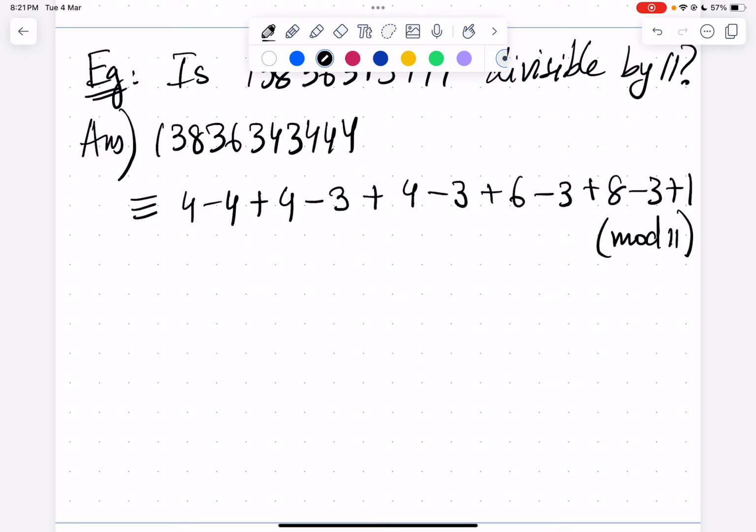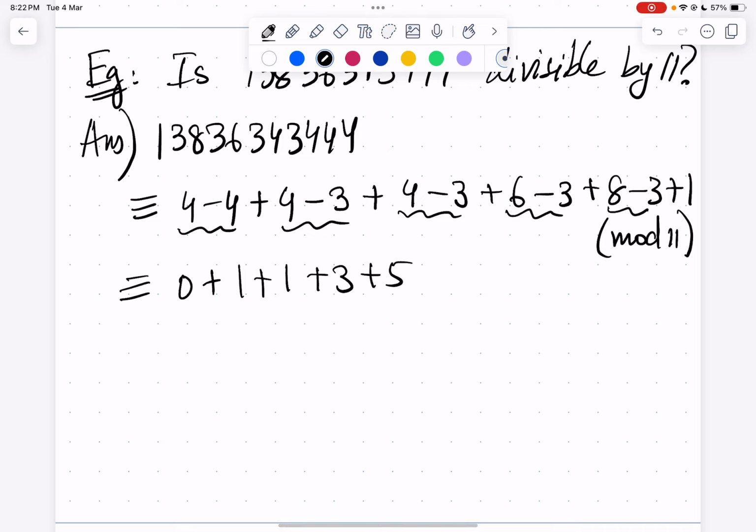4 plus 4 minus 4 plus 4 minus 3 plus 4 minus 3 plus 6 minus 3 plus 8 minus 3 plus 1. So this long number is just congruent to this simple number mod 11. So 4 minus 4, we can just pair these off. So 0 plus 1 plus 1 plus 3 plus 5 plus 1 mod 11. Each 4 minus 4 term is congruent to 0 mod 11, 4 minus 3 is congruent to 1 mod 11, and so on.